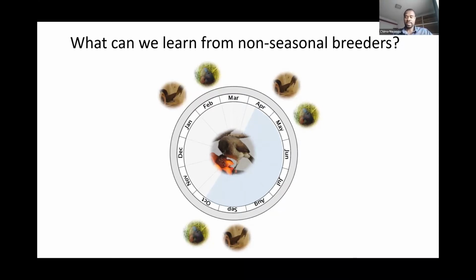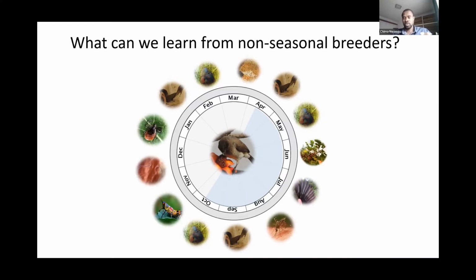While other annual cycle stages, like molting, take place at one part of the annual cycle. And then you find resources like food, fruits, and seeds, and insects. And also you find pathogen pressure varying depending on the environmental condition.